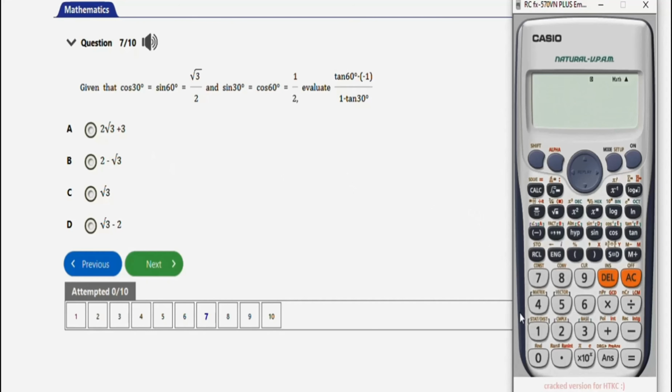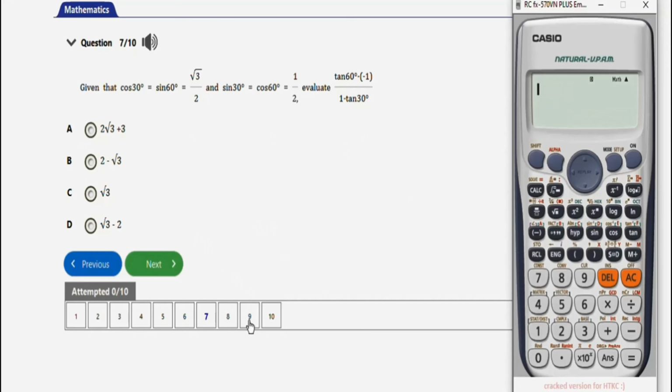Let's check option A: 2 root 3 plus 3. This is 6.5 exactly. So the right option is option A. That's it for this question.